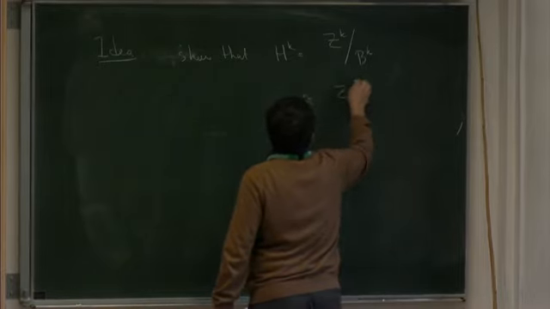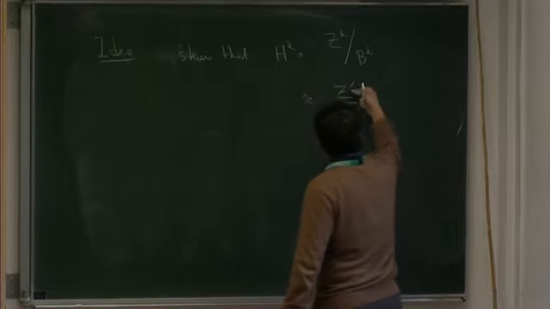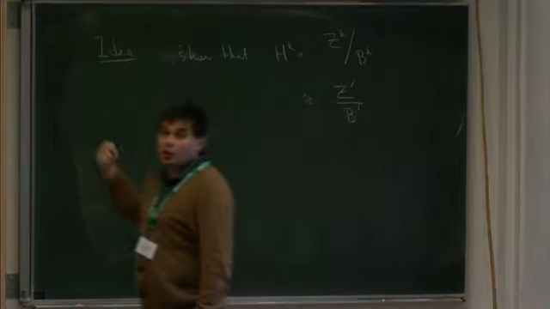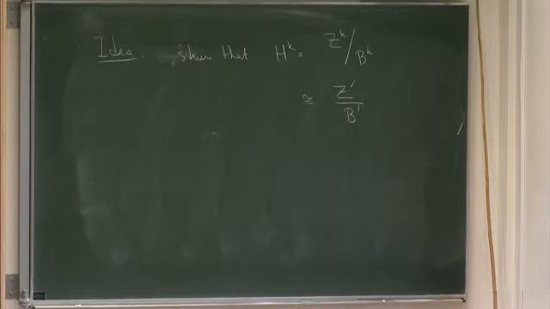actually is isomorphic to some Z prime over B prime, where the Z prime and B prime are derived not from the very huge space like that, but a much smaller space, which is somehow geometrically motivated and is kind of ad hoc for a specific algebra.